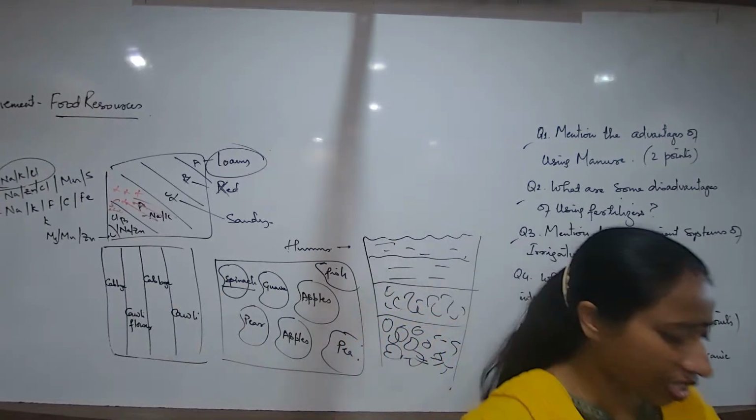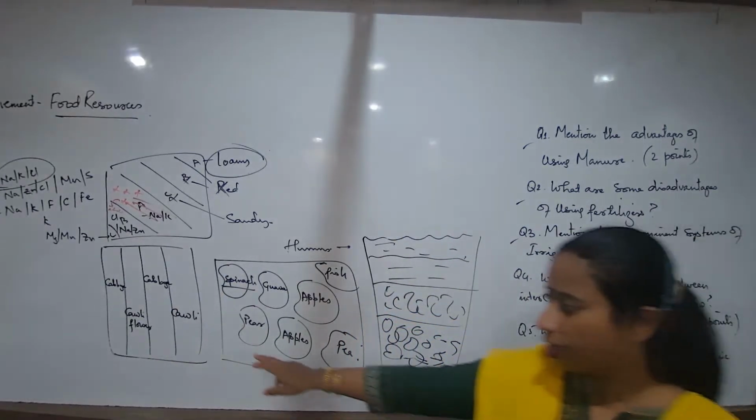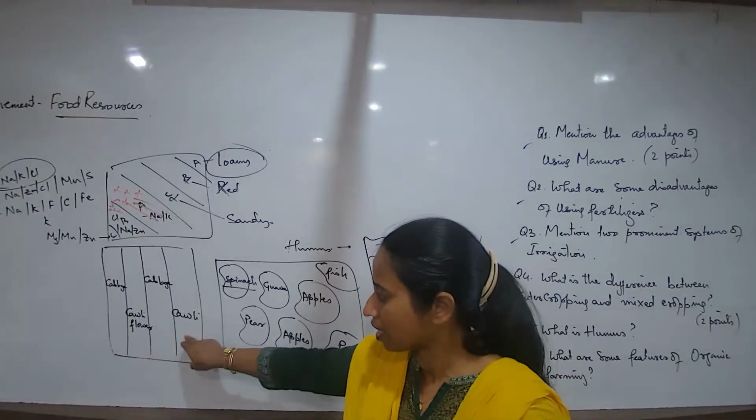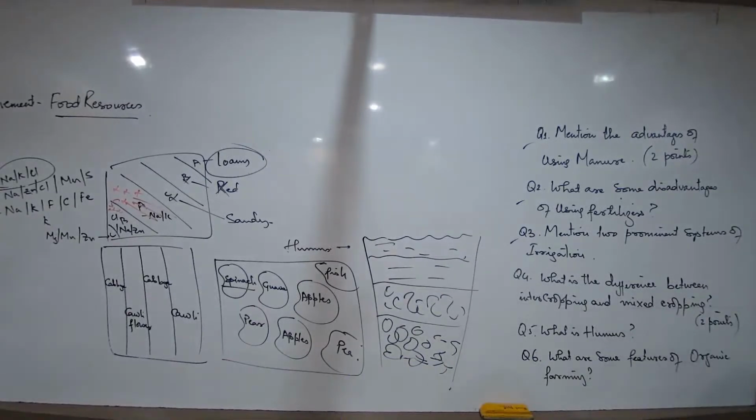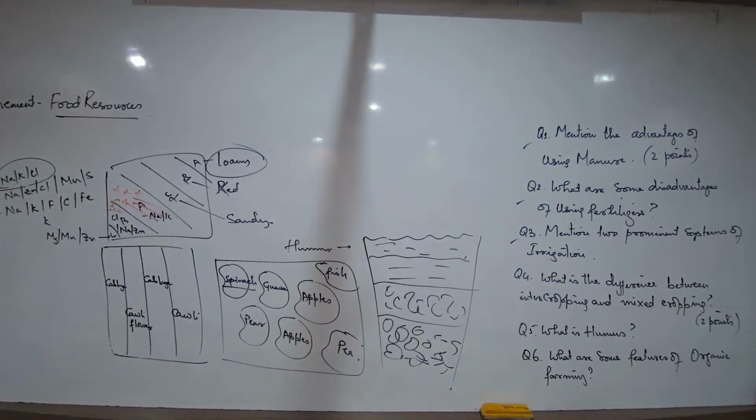Let us write down the next difference. I'll give you 3 differences; remember and write them. Number 2, for intercropping: 2 to 3 types of crops are grown.